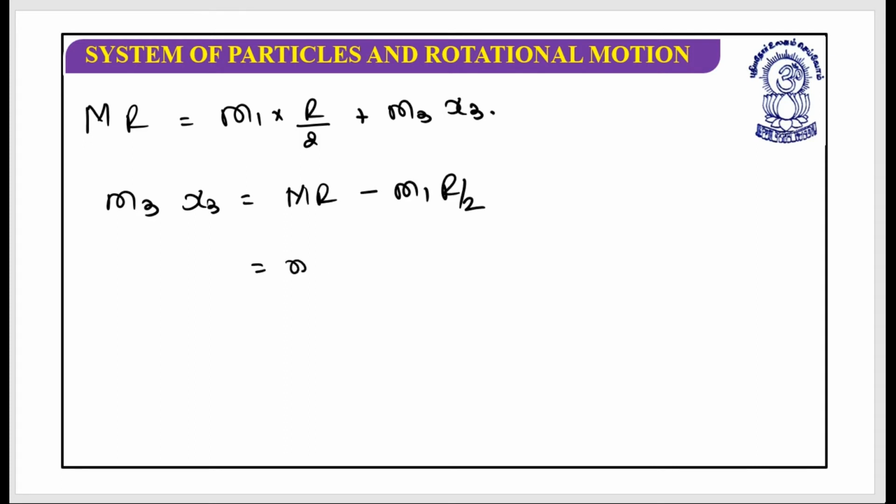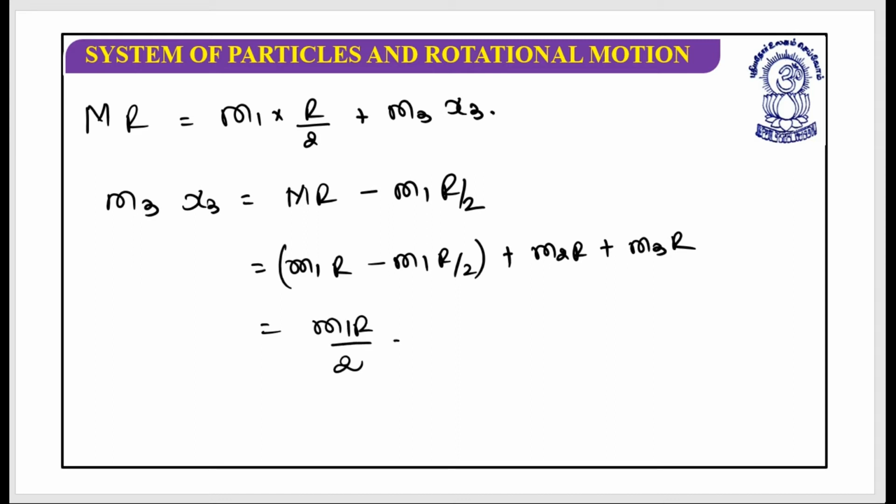If you wish, you can write this as M1R minus M1 into R by 2 plus M2R plus M3R. This is M1R by 2 plus M2R plus M3R. This is M3 X3, and if you write this as X3, this is divided by M3. I hope this is clear.